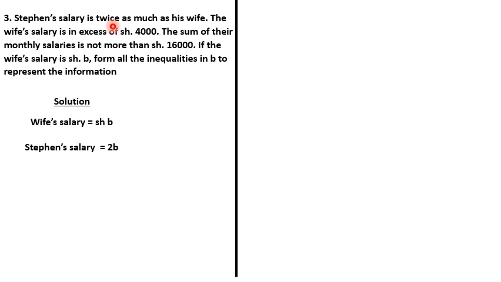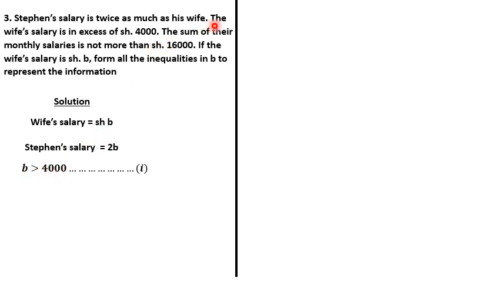Then you are told the wife's salary is in excess of shillings 4,000. In excess, we said, is more than. Therefore, if the wife's salary is B, B is greater than 4,000. That is the first inequality.